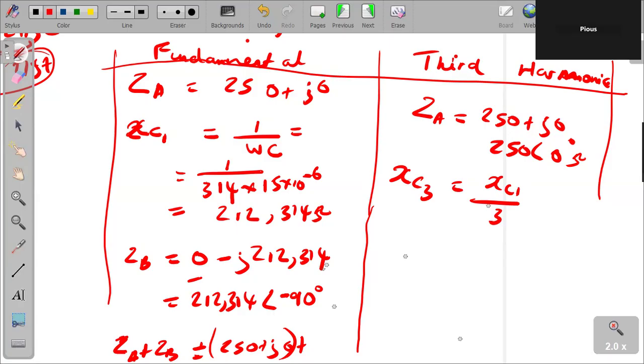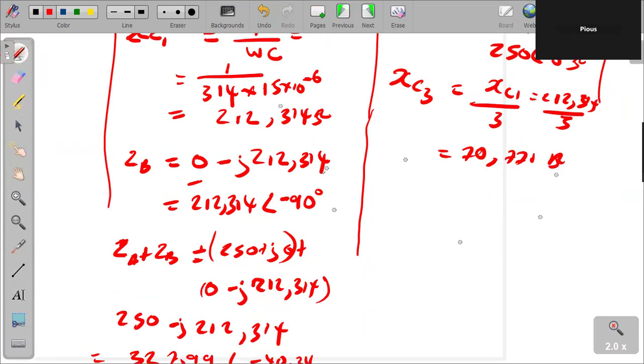Since we already have XC1, we are simply going to divide 212.314 by 3, and that will give us 70.771 ohms. That marks our XC3.